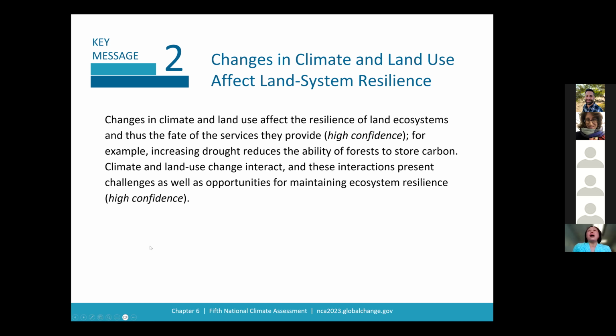So the second message, we focus on how changes in climate and land use impact the resilience of the land system. The statement that we put in here is that changes in climate and land use affect the resilience of the land ecosystem, and therefore the fate of the service they provide, like what Peter already talked about in the first message.